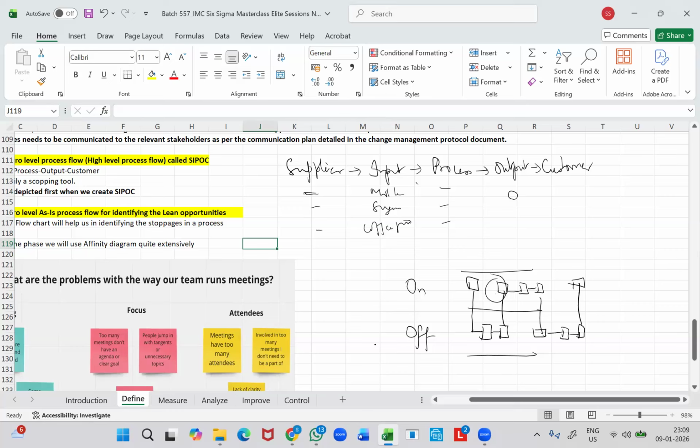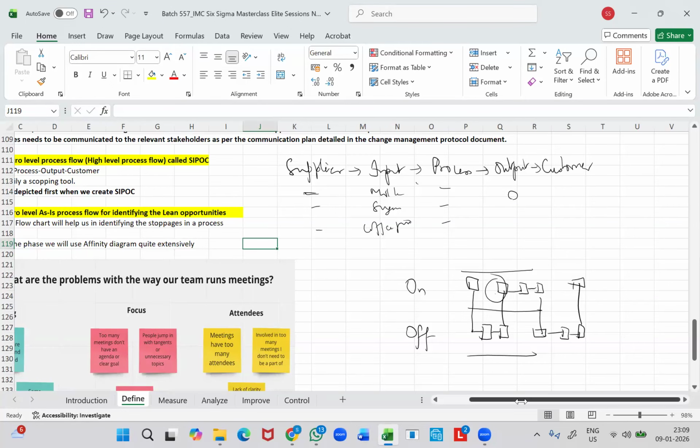And I can also find out the root cause as to why there is a stoppage with regard to that particular activity performed by the onshore team, right? So when we have the swim lane process flow, we can identify the concerned team which has contributed to that bottleneck area. That becomes very, very easy in a swim lane process flow.